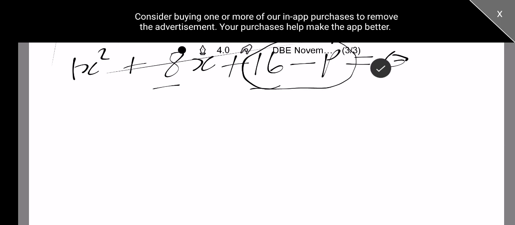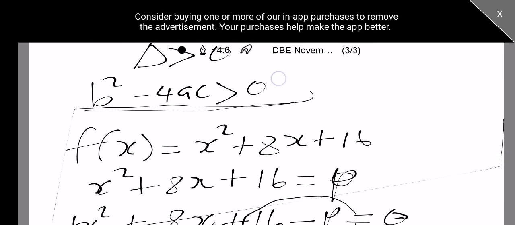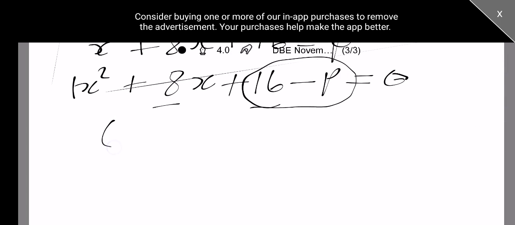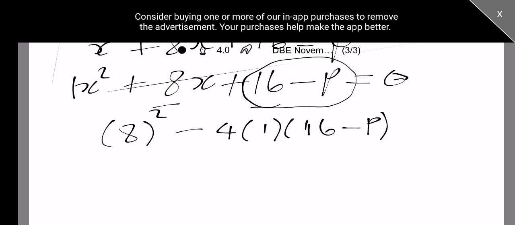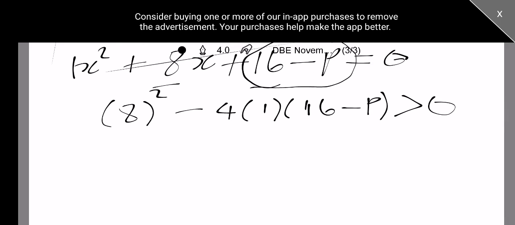So let's substitute. So b squared, our b is 8 squared minus 4 into a, which is 1, and c, which is 16 minus p. This must be greater than 0 for real and unequal roots, as I've indicated.